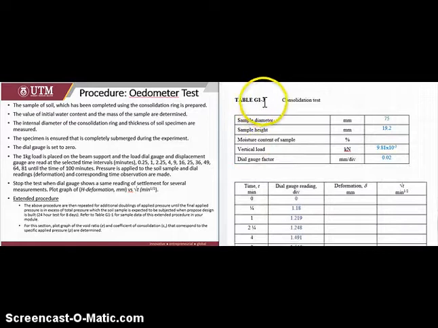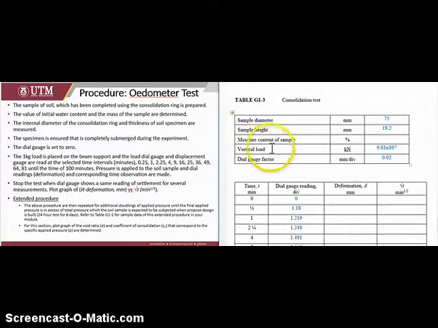Okay, now in table G13, you are given the consolidation data. Assuming that you are doing the consolidation test that has been performed in the video just now. We set the dial gauge at 0 for the beginning. So at time T0, the dial gauge is 0, so the deformation is also 0, and so on. But make sure to obtain first the moisture content, which you can get from the G11 table.